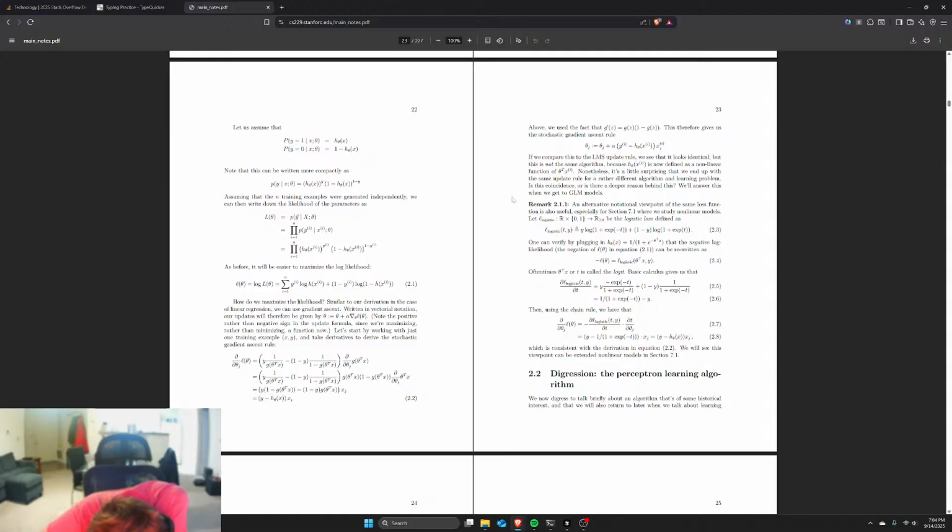Am I forgetting my negatives? I was forgetting my negatives before. Okay.